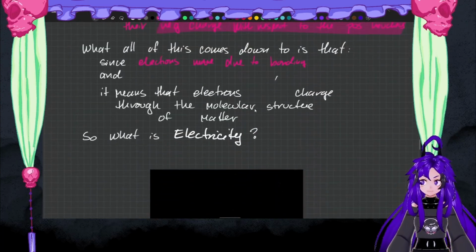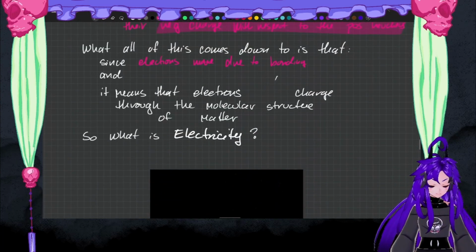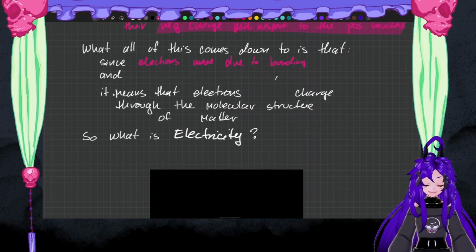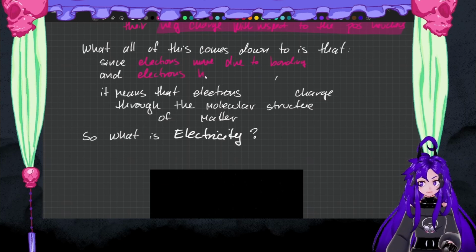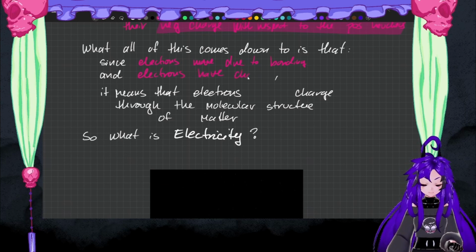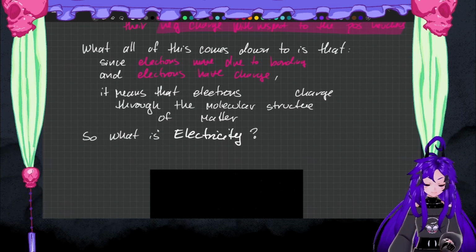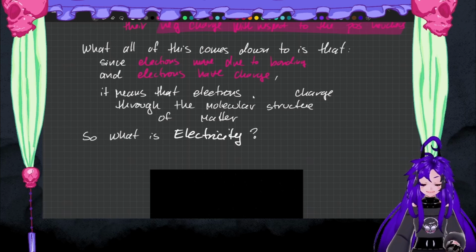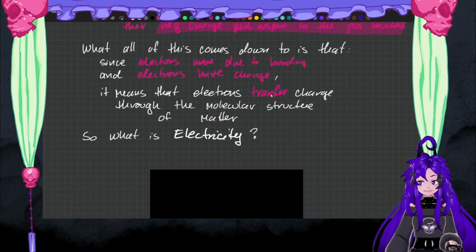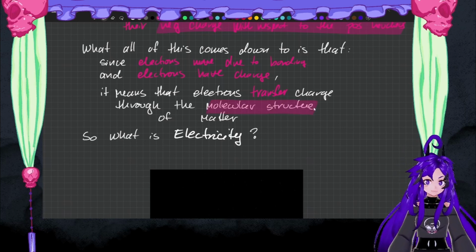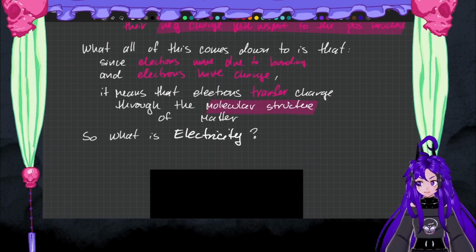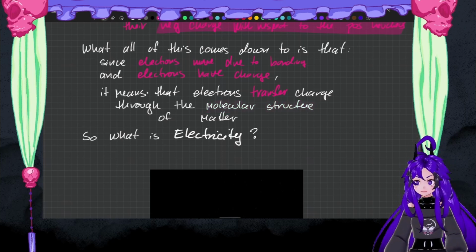So since electrons move due to bonding, and since electrons have charge, it means that electrons transfer charge through the molecular structure of matter. And molecular structure is just the way the atoms go together, right?